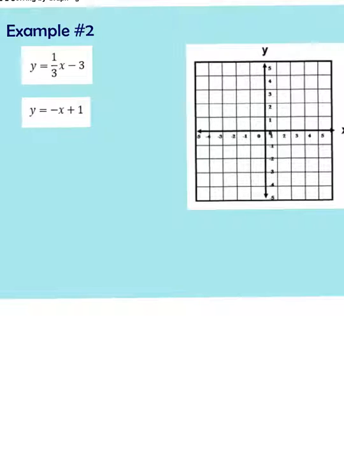So here we go. Now on this one, remember you're changing both signs because both were positive, so then both become negative. Two negatives make a positive.